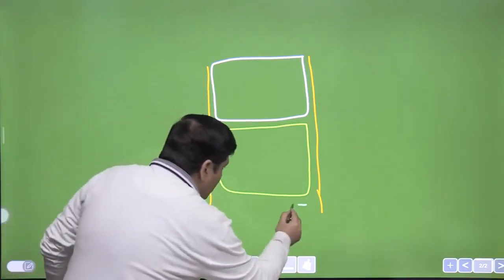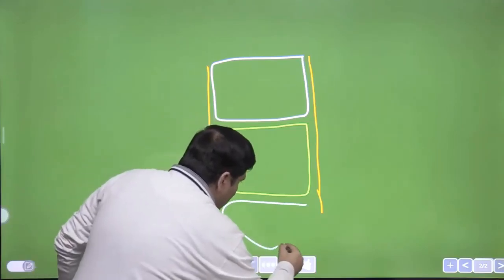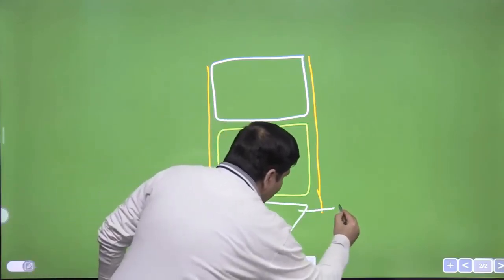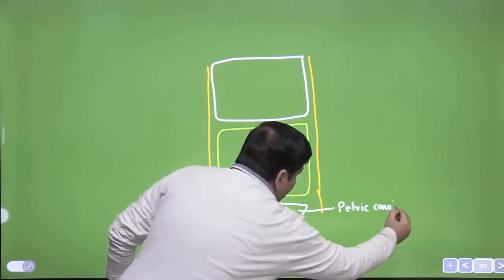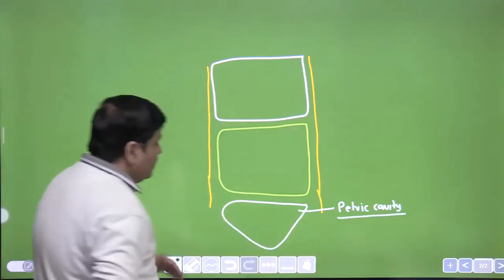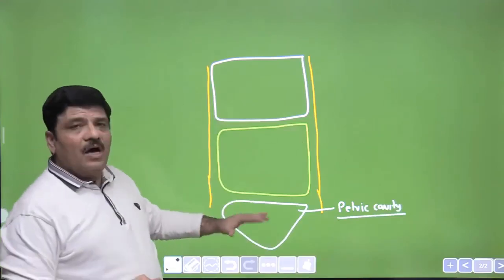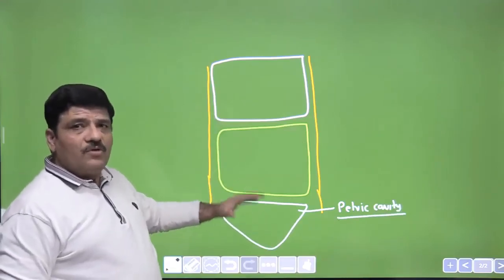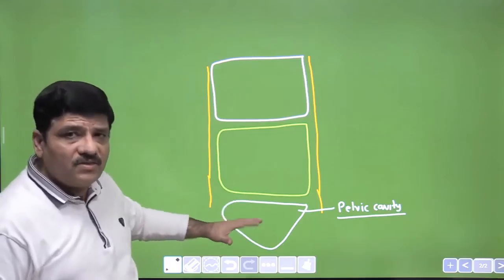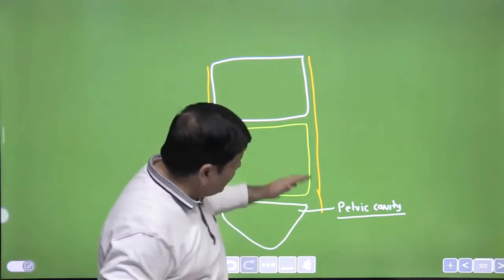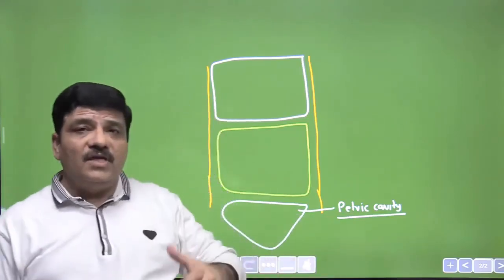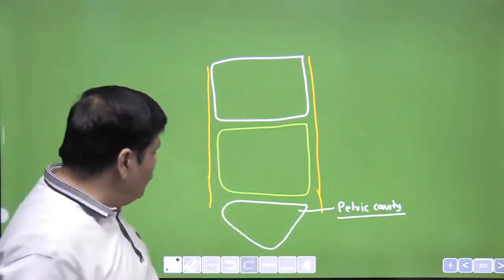This part of the lower abdominal cavity is called the pelvic cavity, and this is where NCERT is saying that the sex organs are present. Obviously it will also have the urinary bladder and other structures, but the reproductive structures are present in the lower part of the abdominal cavity, which is called the pelvic cavity.